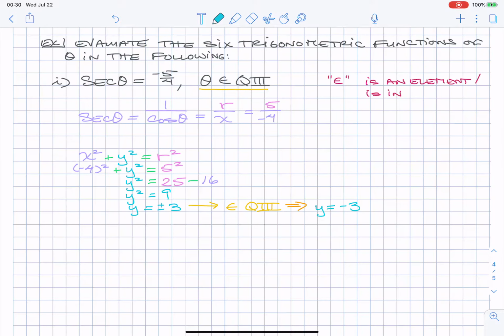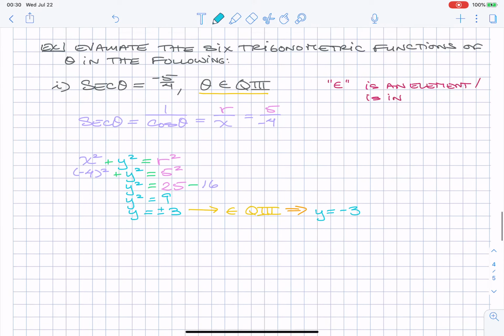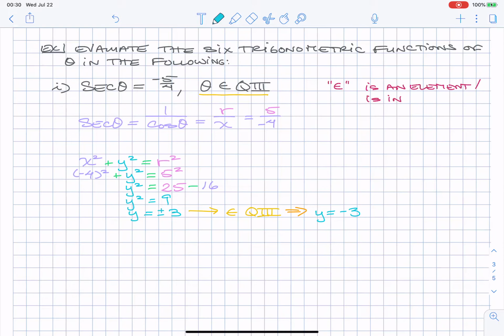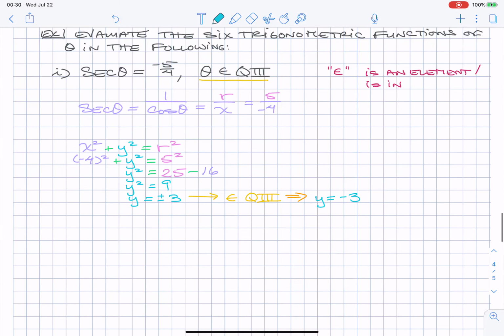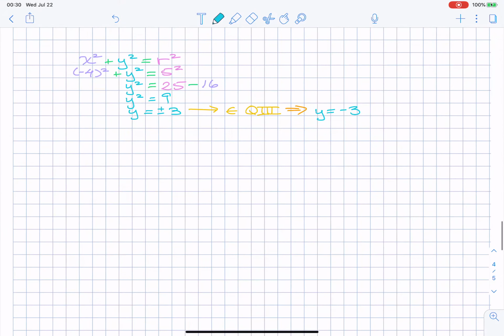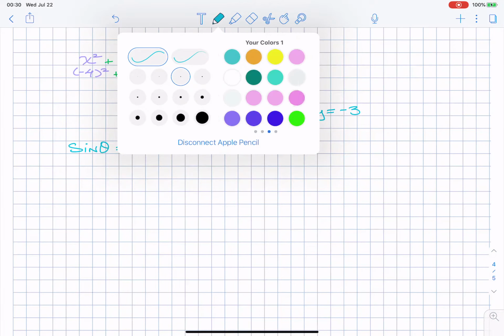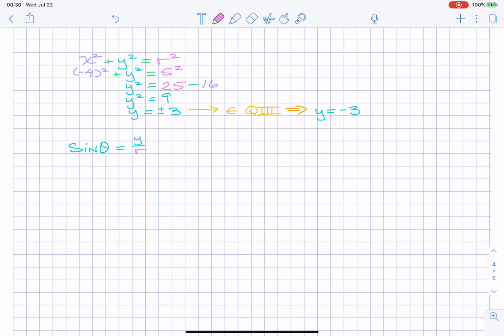Okay. So now we can finally calculate the 6 trigonometric functions. So sine of theta, which we know is y over r, well, that's going to be -3 over, the radius can never be -5, right? So 5.